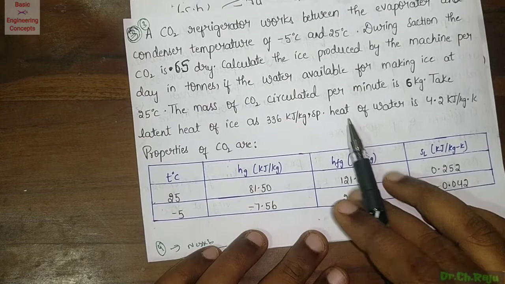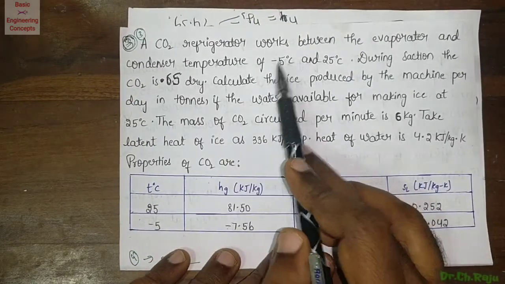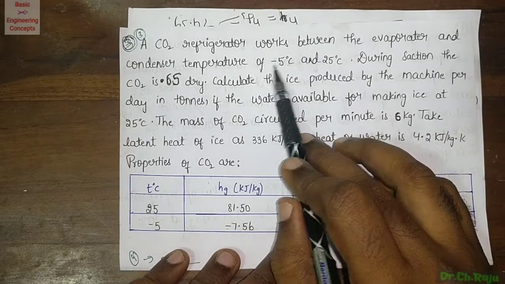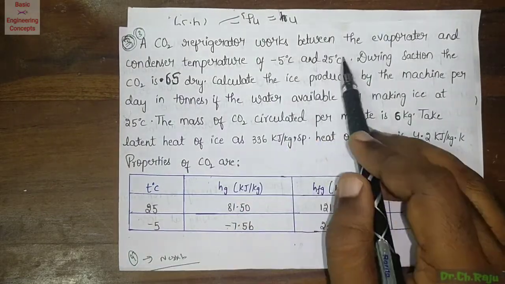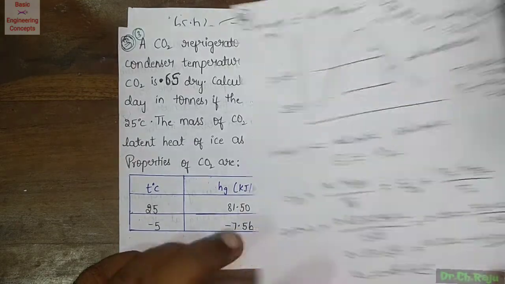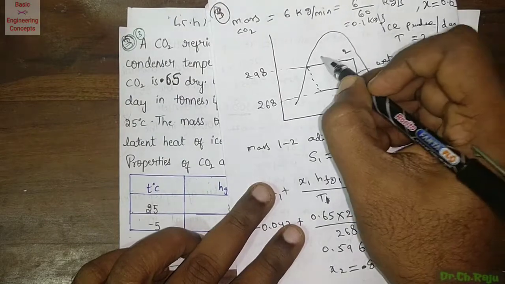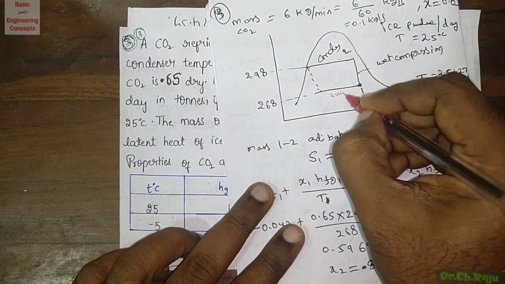Here, first of all, you should note the condenser temperature and evaporator temperature. Condenser temperature is 25 degrees, evaporator temperature is minus 5 degrees. This is the condenser, this is the evaporator.